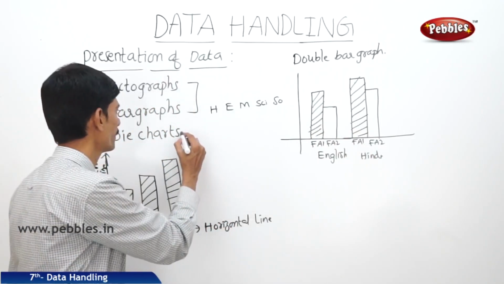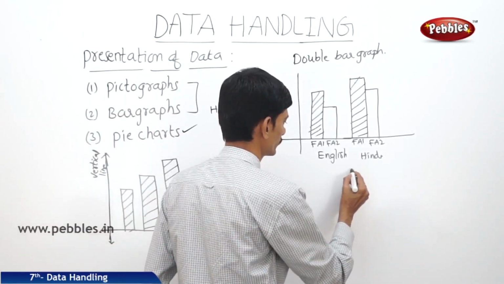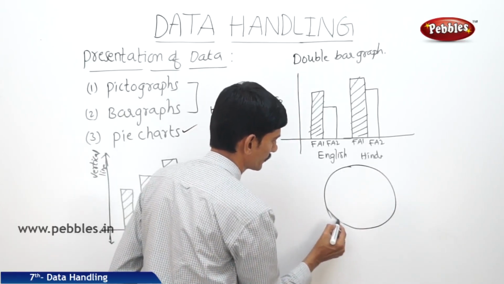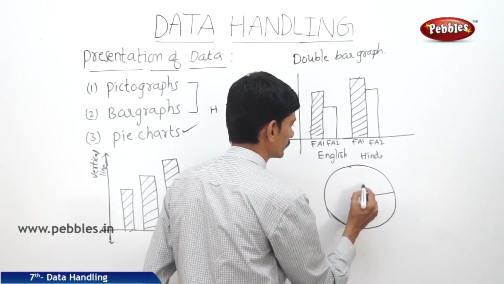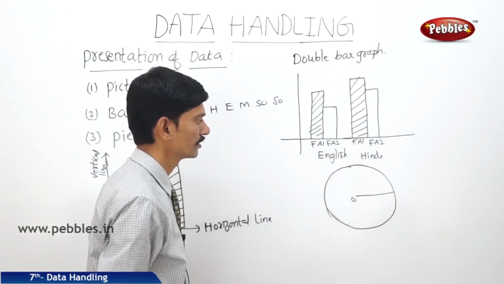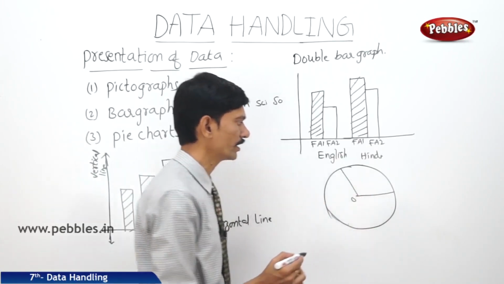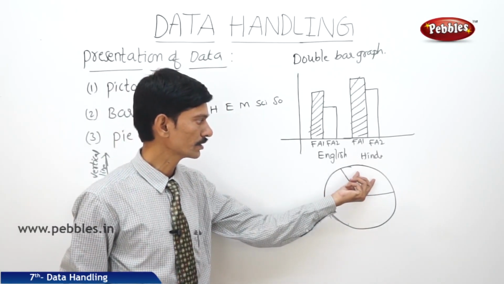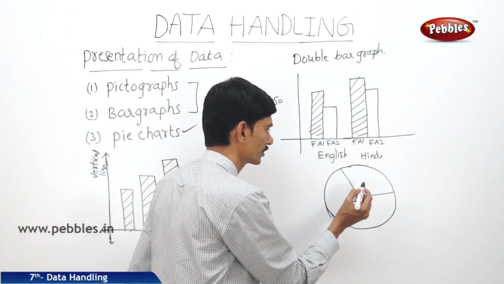And the next one is pie charts. First we will draw a circle, and the circle is divided into sectors depending on the quantity of the given data. If there are 5 subjects, then the circle is divided into 5 sectors. Then we should find the area of each sector. The area of each sector depends on the angle of the sector subtended at the center of the circle.